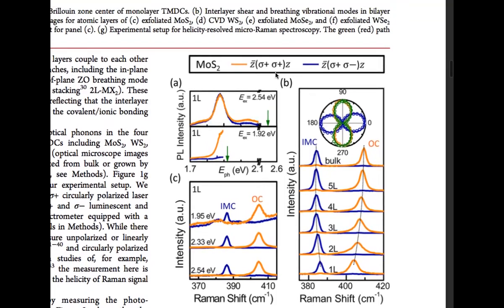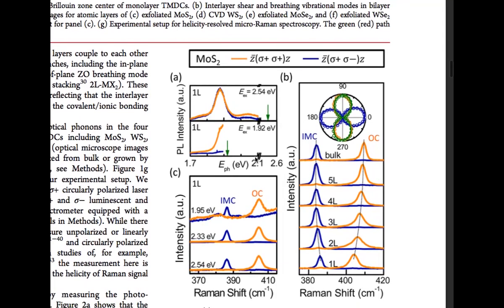So how do we separate them? You use the helicity. This is the right detection. When you do the right detection, then you see this OC, because for right detection, this one has the same selection rule as the breathing mode. The tensor element is going to be diagonal, so you just get the same helicity as the incident light.